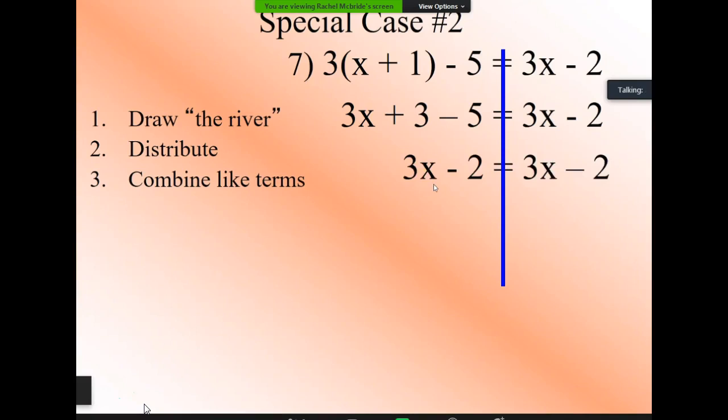Okay, what do I do next? Nick, what do I do next? All right, so Nick wants to add 2 to the other side. If I didn't move my 2 to start and I moved my variables, what would I do with the 3x? Perfect, so I'm going to subtract 3x from both sides. Again, just because I always move my variable first.